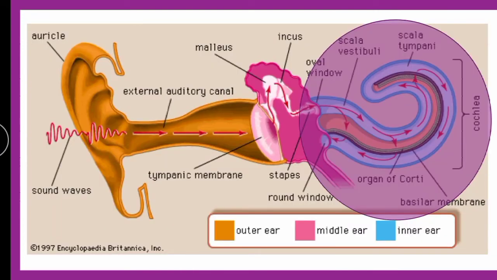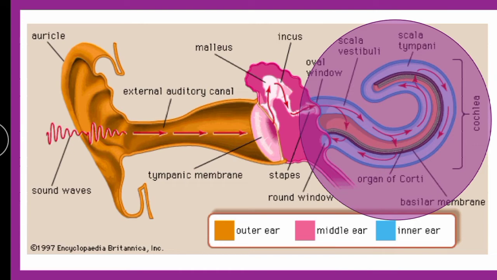Now this hearing is nothing but it is the transduction of auditory signal. Now the organ of corti are basically sensory epithelium. From the auditory canal, whatever the sound wave is coming goes to the tympanic membrane, wherein the vibrations occur, and transduction of these vibrations takes place into the neuronal signal.